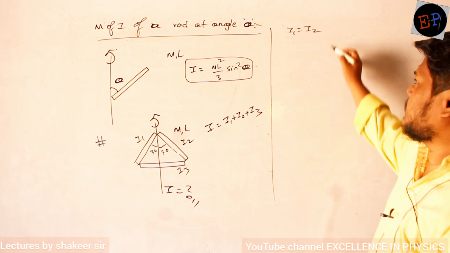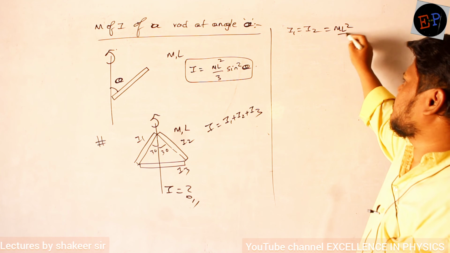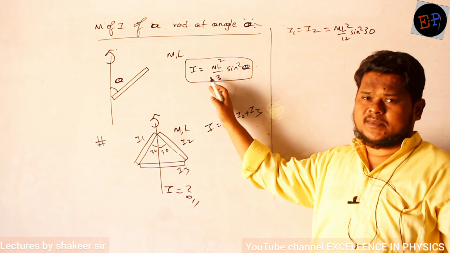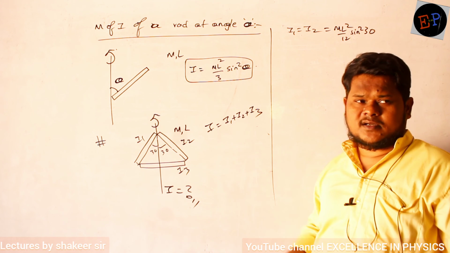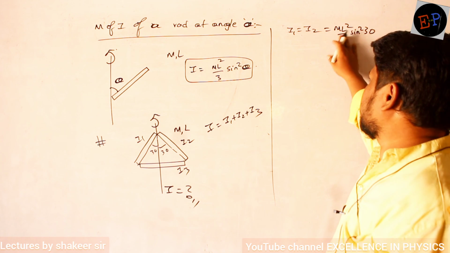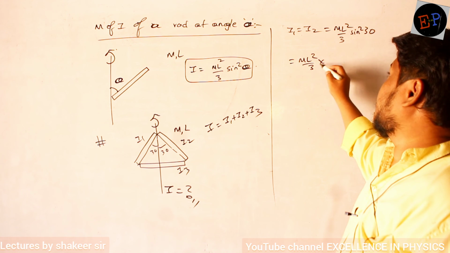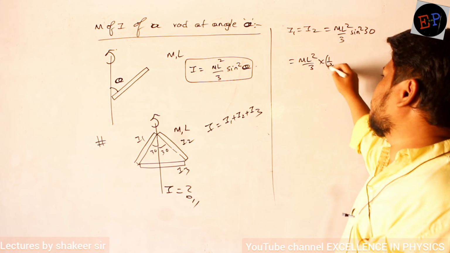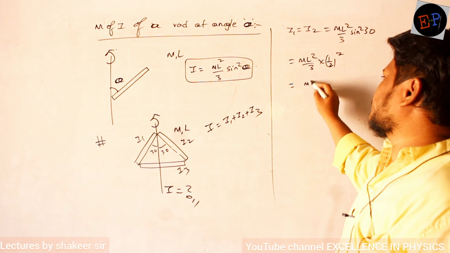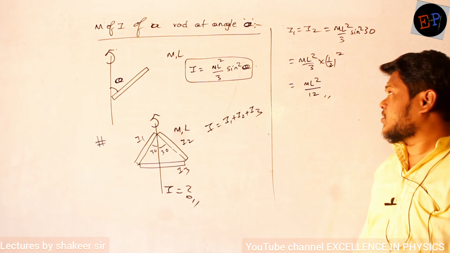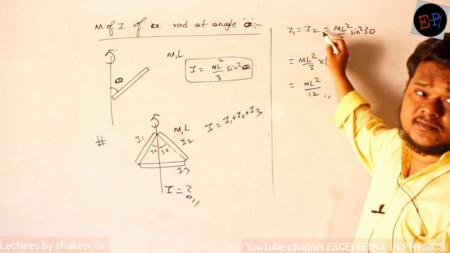So what will the I1, I2 values be? According to the formula, ml square by 3 sine square alpha. So ml square by 3 multiplied by sine 30, which is 1 by 2. 1 by 2 whole square is 1 by 4. So ml square divided by 4 times 3 is 12. That is the moment of inertia of I1 and I2.